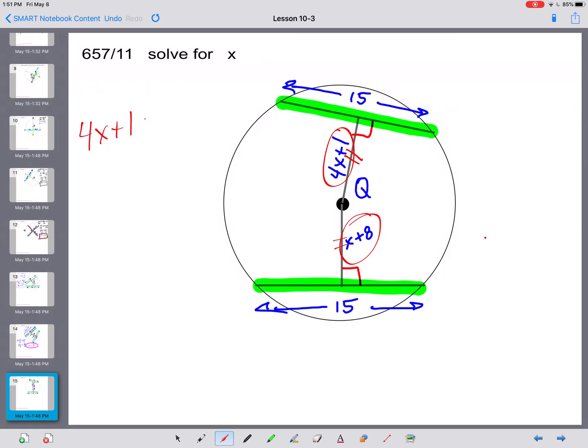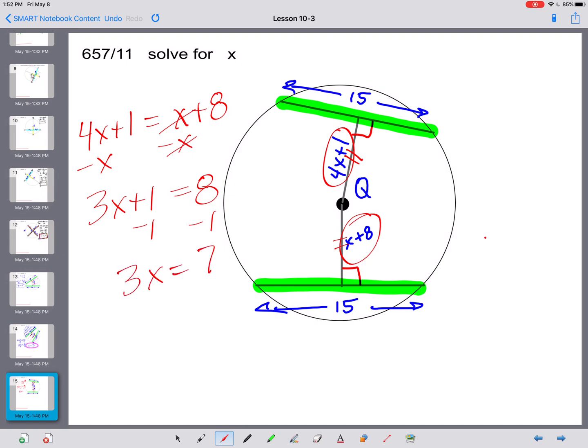Let's do it. 4x plus 1 equals x plus 8. Okay. What do we got here? We got minus an x, minus an x. Okay, nice. 3x plus 1 equals 8. Okay, minus 1, minus 1. Okay, that looks good. 3x equals 7.